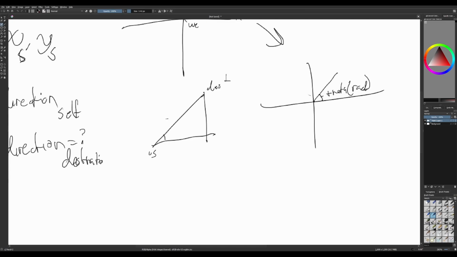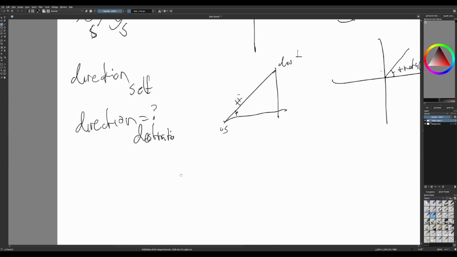We have a theta within this triangle, and then we have the hypotenuse. So from there, we're going to have to translate our X and Y coordinate bits into a hypotenuse and theta. How do we do that? Okay, this is when it gets interesting.